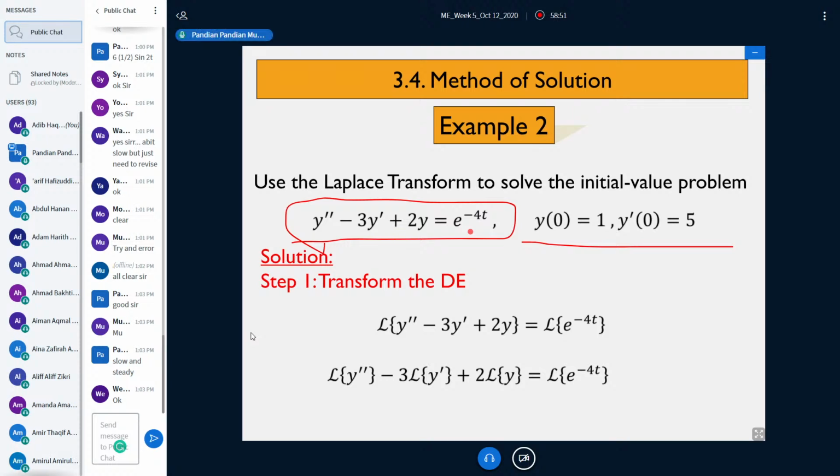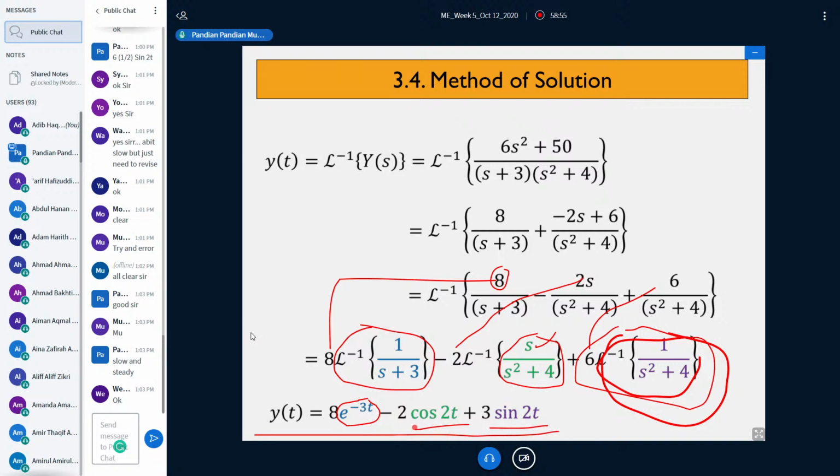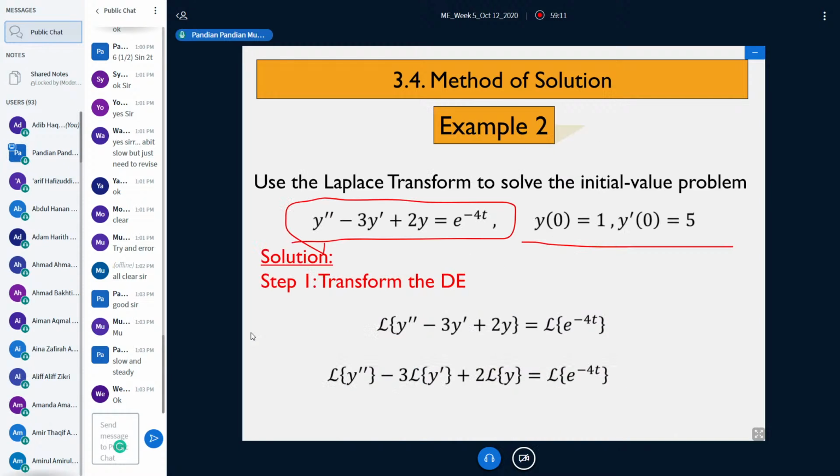So if you notice in Laplace transform, with the first order, there is no C, constant. First order, at least you have one constant. So the constant is already taken care of in the problem itself. So Laplace transform takes care of the unknown constant. If it's second order, you have two constants, C1 and C2.